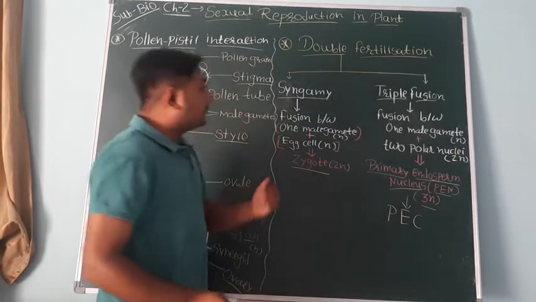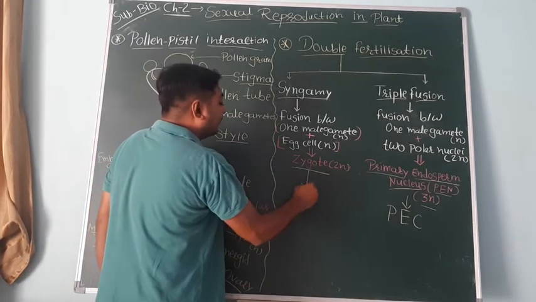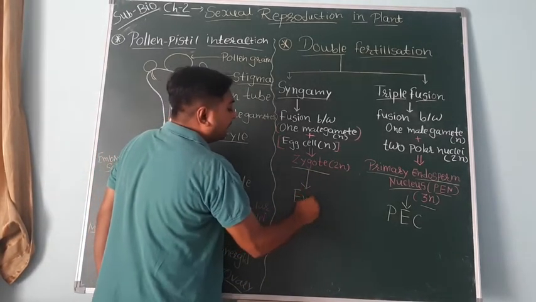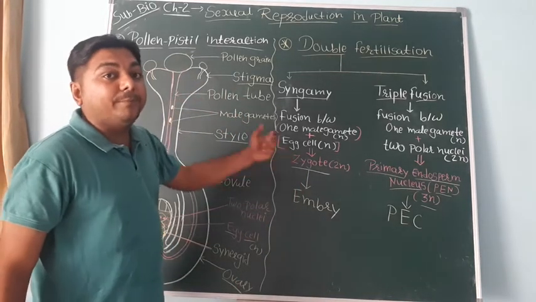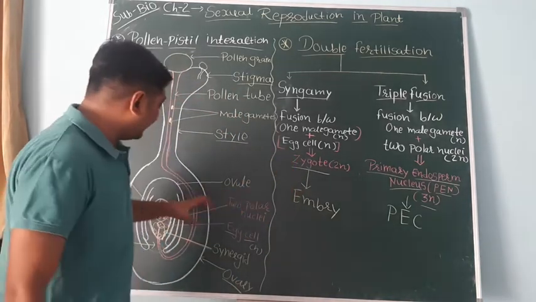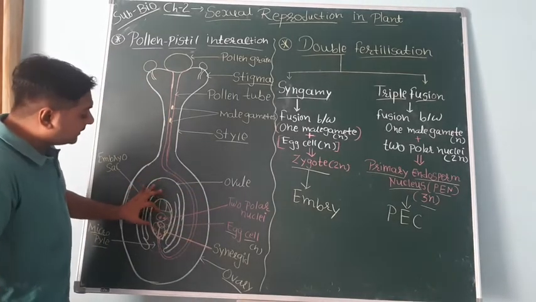After double fertilization the zygote develops into the embryo by the process of mitosis, and the embryo develops in this embryo sac.